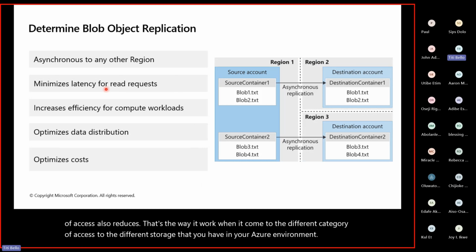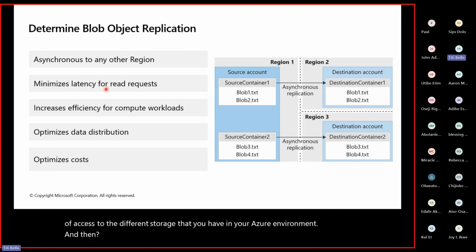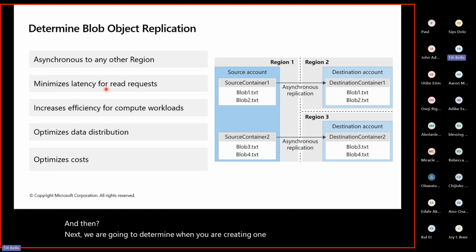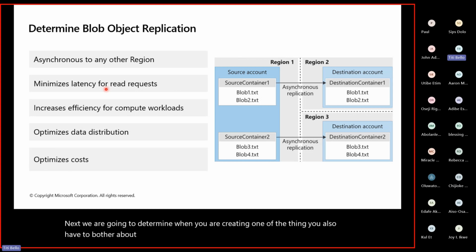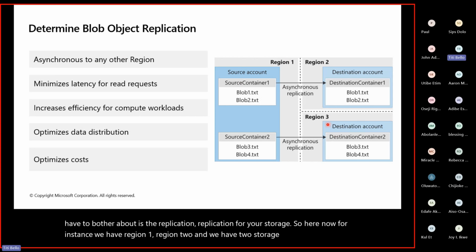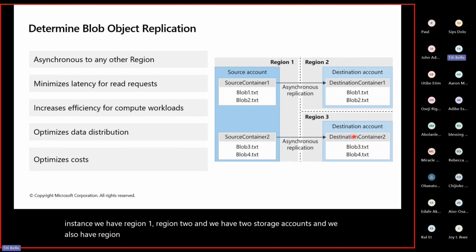And then next, one of the things you also have to bother about when creating storage is replication. Here, for instance, we have region 1, region 2, and region 3, so we have 3 storage accounts.